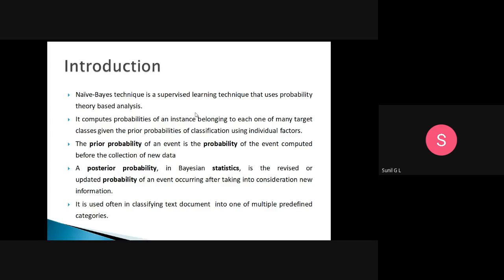So once you get the new information, you calculate the posterior probability by using the prior probability. It is often used in classifying text documents into multiple predefined categories. That is one application of Naive Bayes. Here we are classifying the text document into one of the multiple predefined categories.